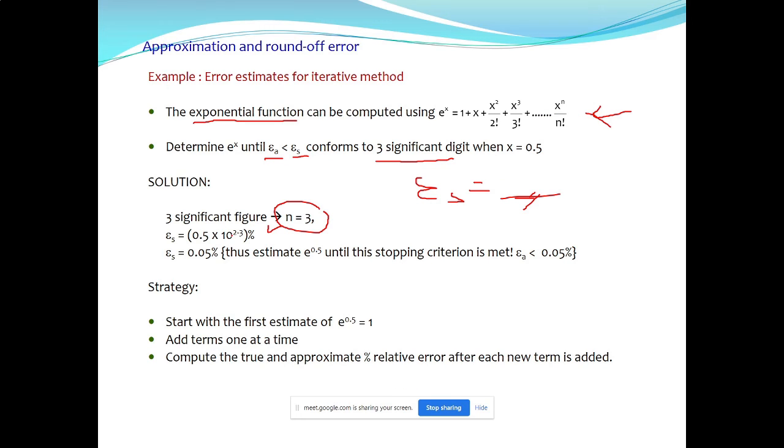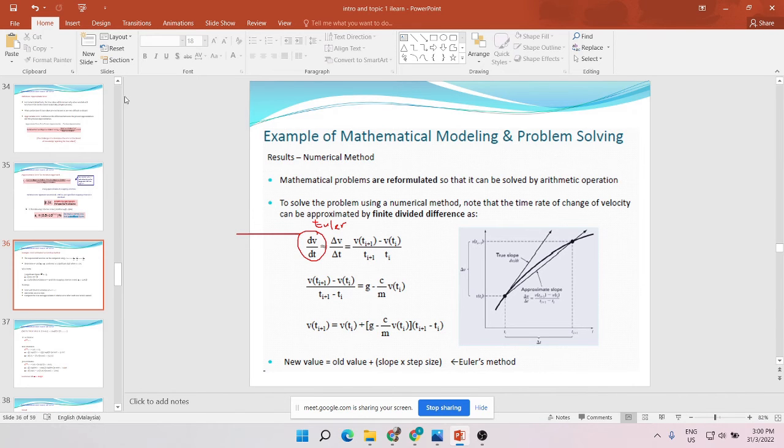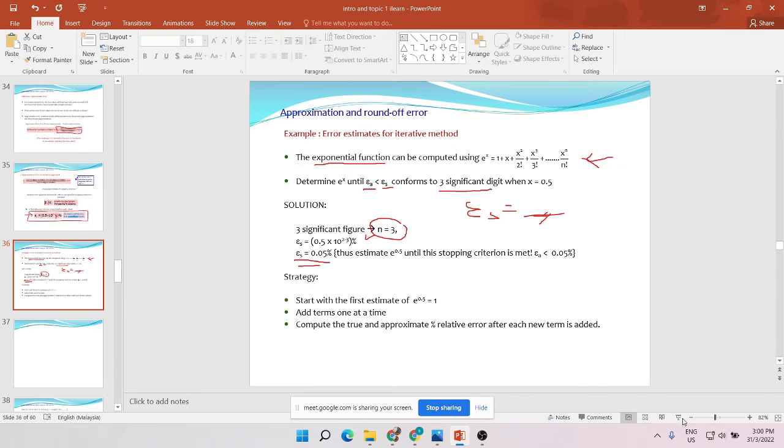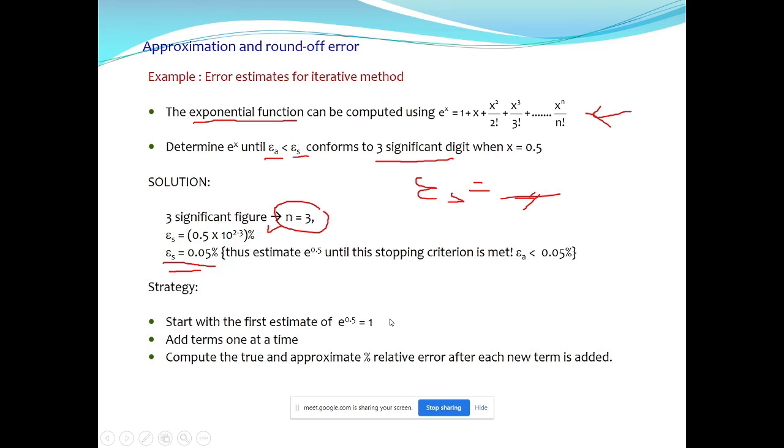Okay, masuk, dia akan dapat value. This is your stopping criterion. Okay, boleh? Boleh, sir. Okay.